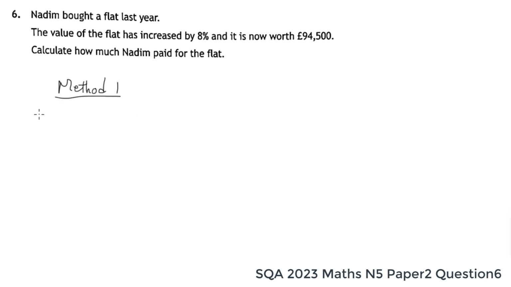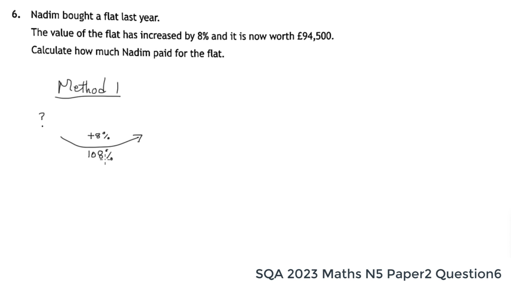We don't know how much it cost him for the flat, but over the course of that year it increased by 8%. The value of the flat went up. So instead of being what it was worth, 100%, 8% has been added. So it's now worth 108% of what it was worth the previous year.